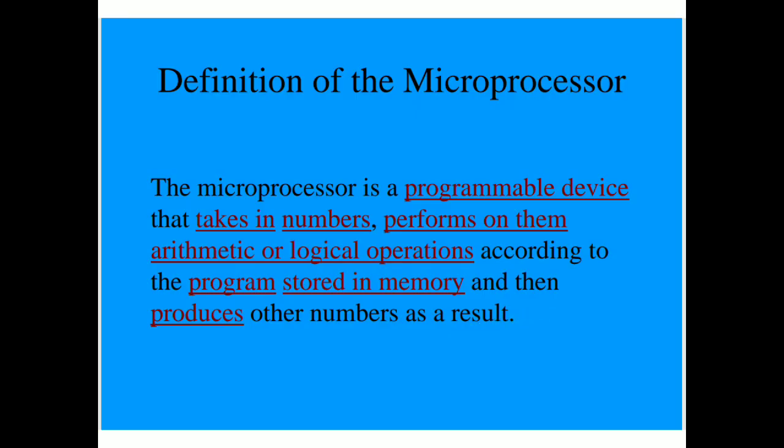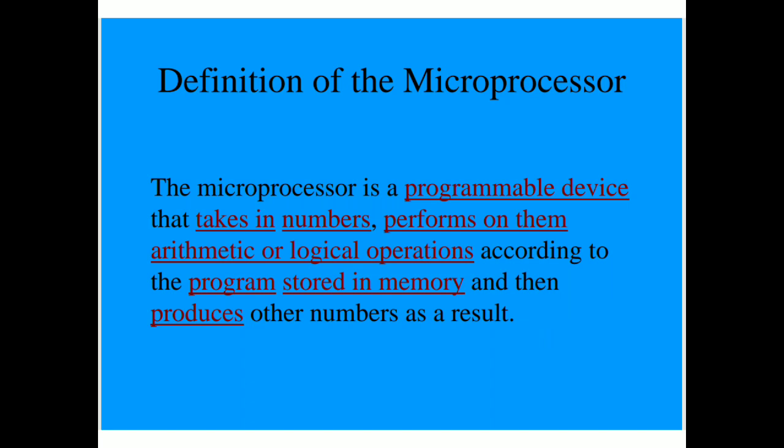So now coming to the main point, what is a microprocessor? The word comes from the combination micro and processor. Processor means a device that processes whatever. In this context, processor means a device that processes numbers, specifically binary numbers, zeros and ones.